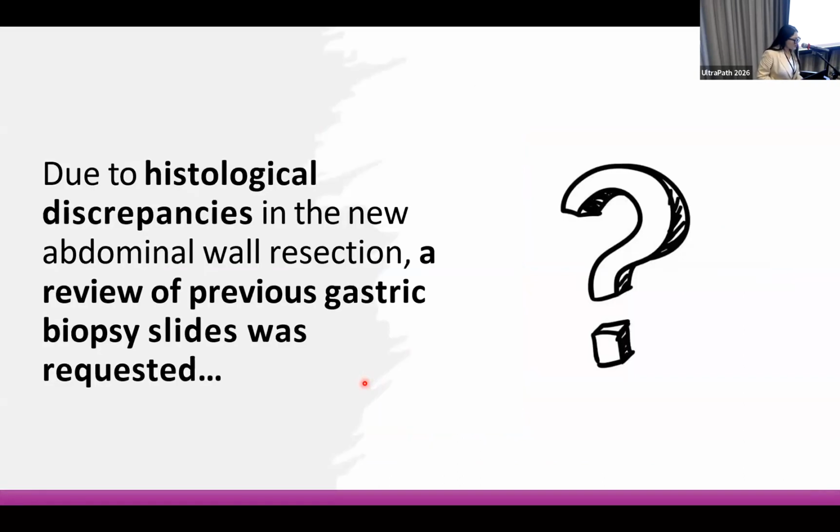Because of these histological discrepancies between the initial biopsy and this specimen, we decided to review the previous biopsy.